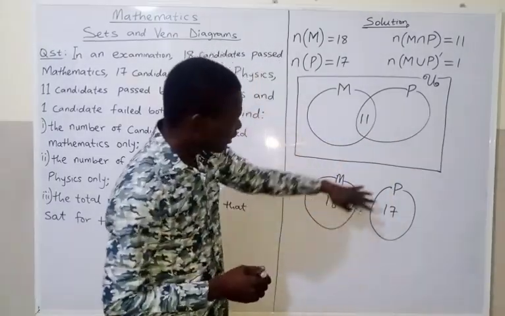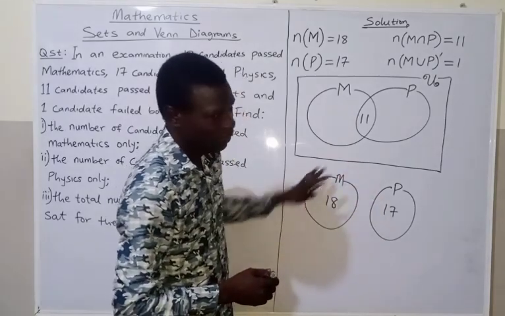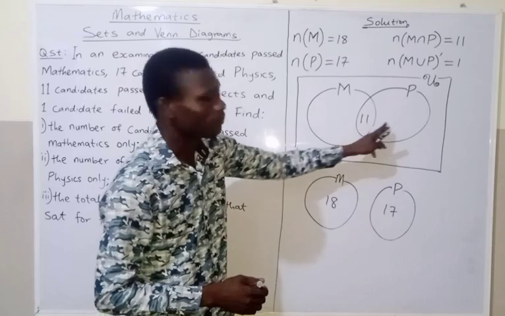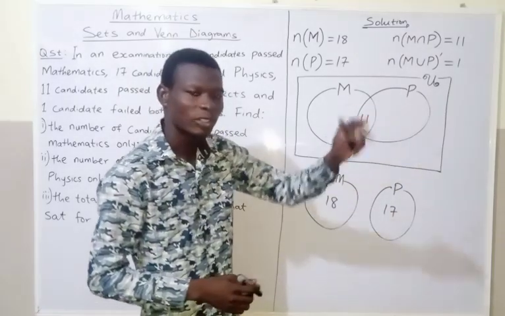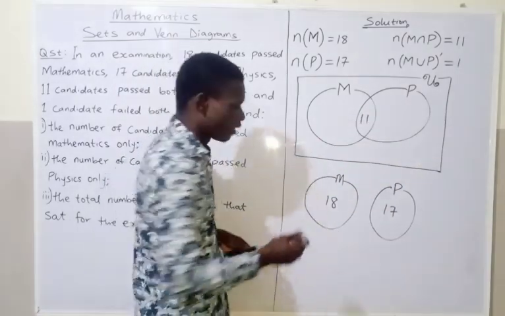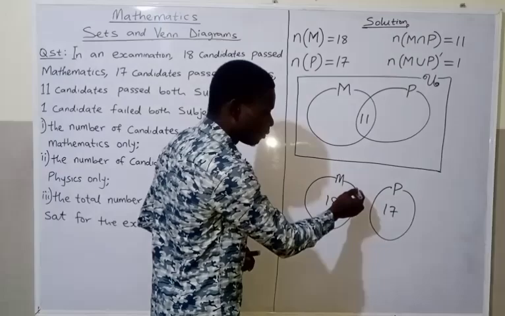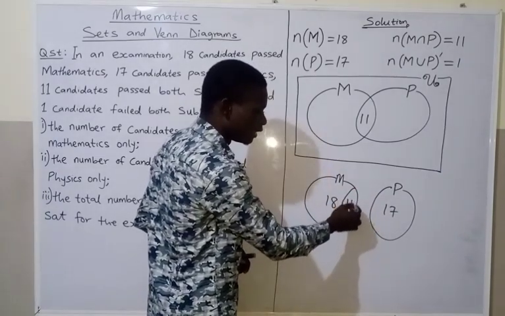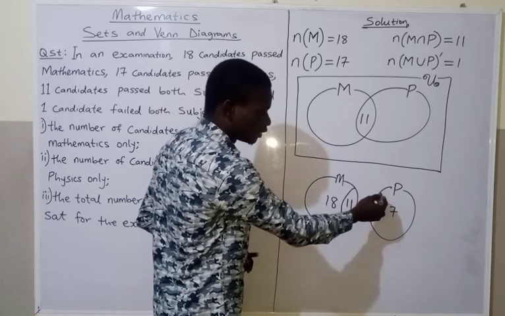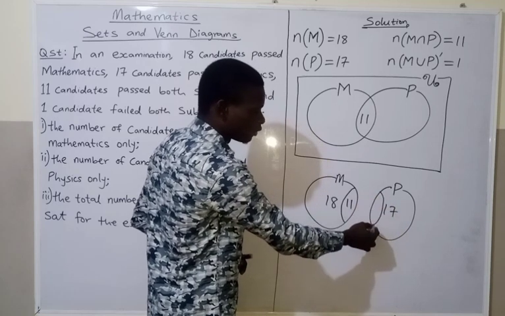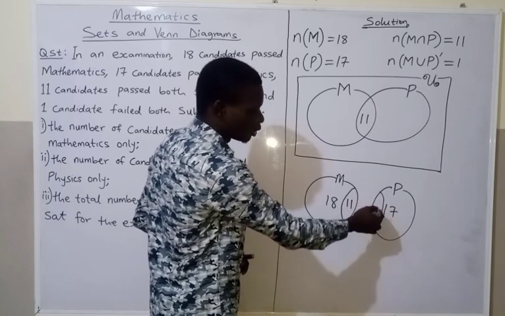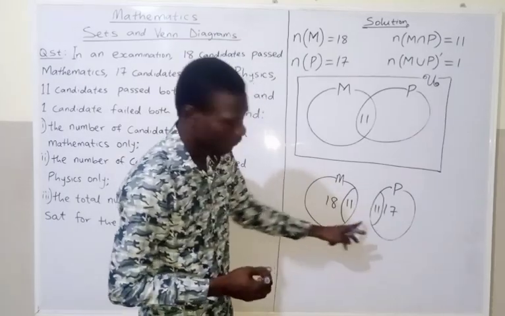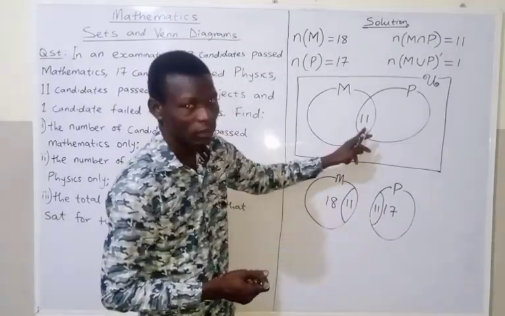Now, generally 18 candidates passed mathematics, but of these 18, 11 of them still passed what? Physics. Now how about those that passed mathematics only? It means that out of these 18, a portion will be cut off, and this portion will be called what? 11. Also, out of this 17, a portion will be cut off rather, and this portion also is still going to be what? 11, because that is what both of them have in common as this middle part.